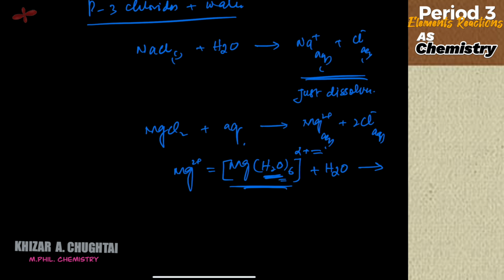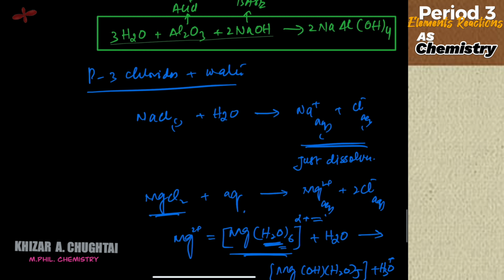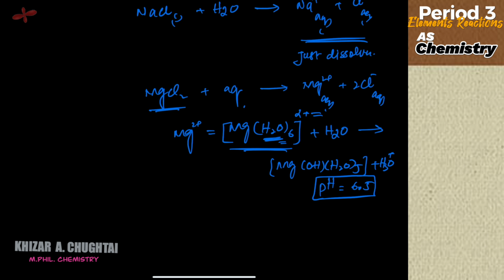For example, the reaction will be [Mg(OH)(H2O)5] and H3O positive ion, and so it is making the water slightly acidic. That's why the pH of the MgCl2 solution is equal to 6.5. That is a fixed answer as far as my opinion is concerned. Whenever they ask you to write the pH of MgCl2, you will just put 6.5.